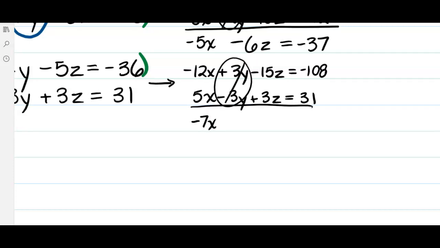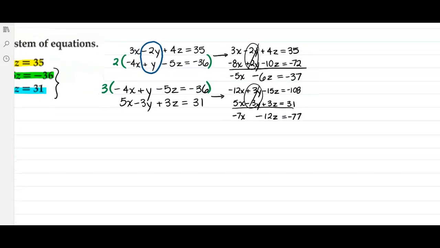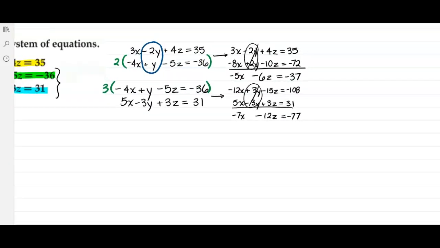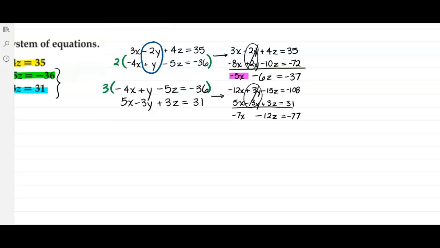The y's cancel. I end up with negative 12z and negative 108 plus 31 gives me negative 77. So now we've taken our system and we've come up with a new system. We have our pink equation in terms of x and z, and we have an orange equation in terms of x and z.